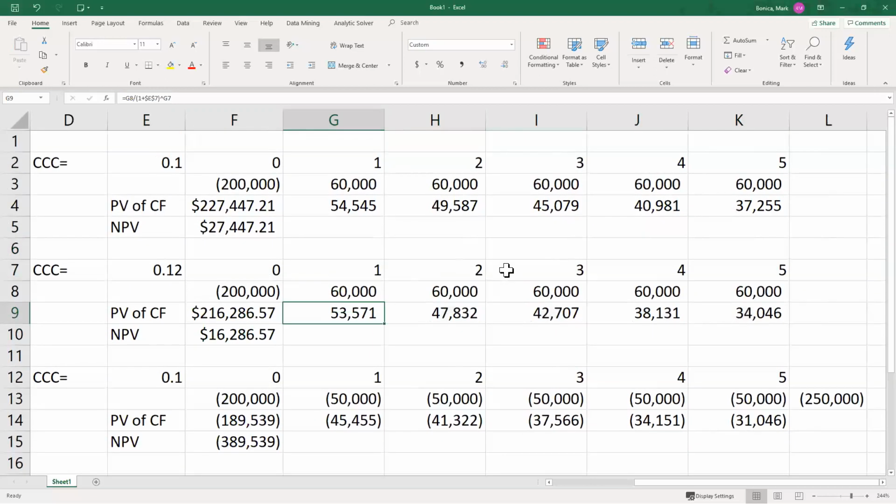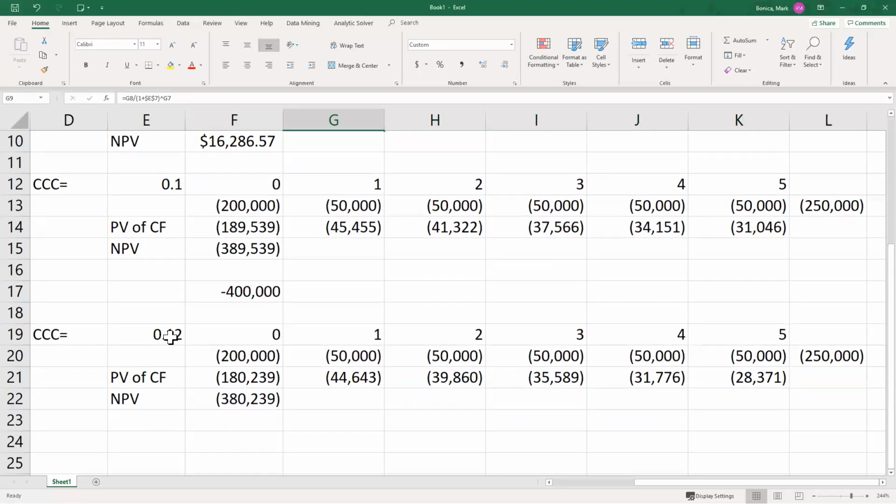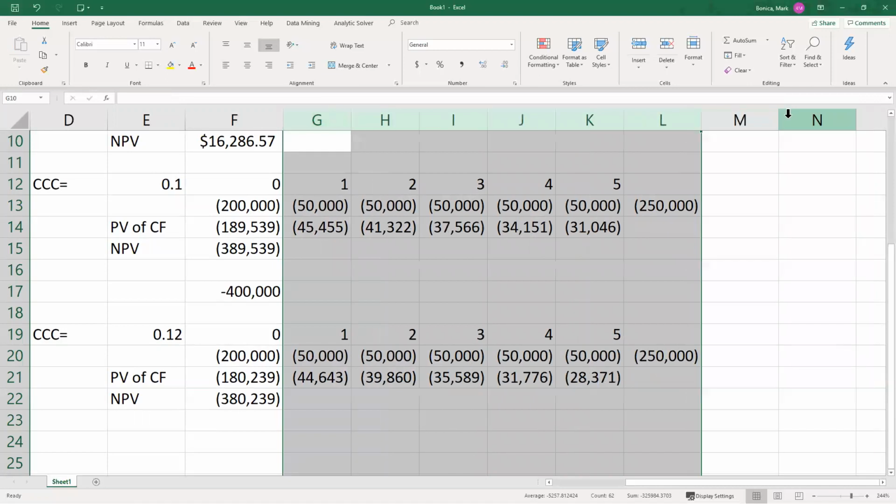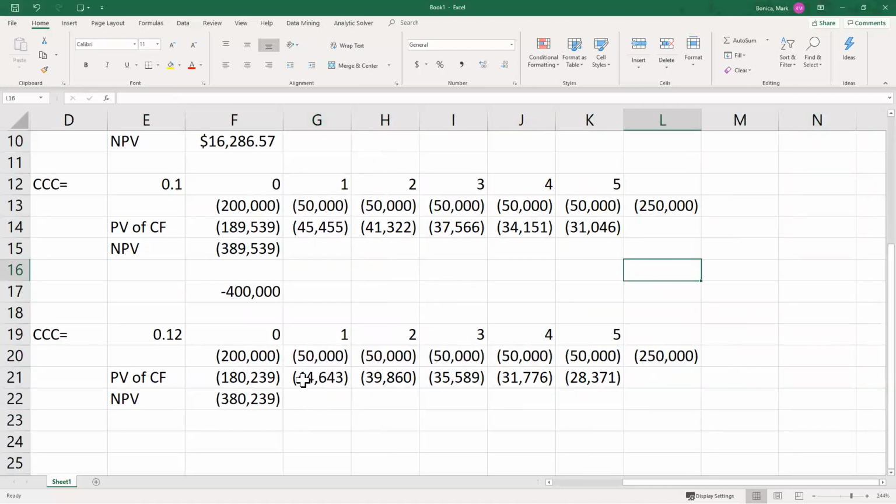But that raising of the interest rate that we're using as the discount rate has the same effect on negative cash flows in terms of shrinking them.